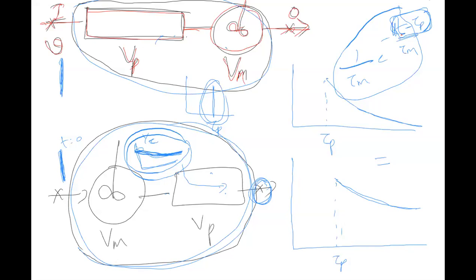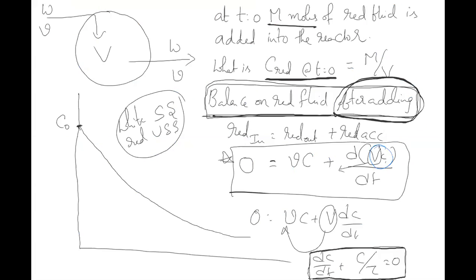Read out in the derivation how it is VC. What is V into C? V is the volume of the fluid, C is the concentration. Basically you have to write dN by dt, which is the accumulation. Accumulation is dN, moles accumulating with respect to time. How do you write moles? Volume into concentration, no?